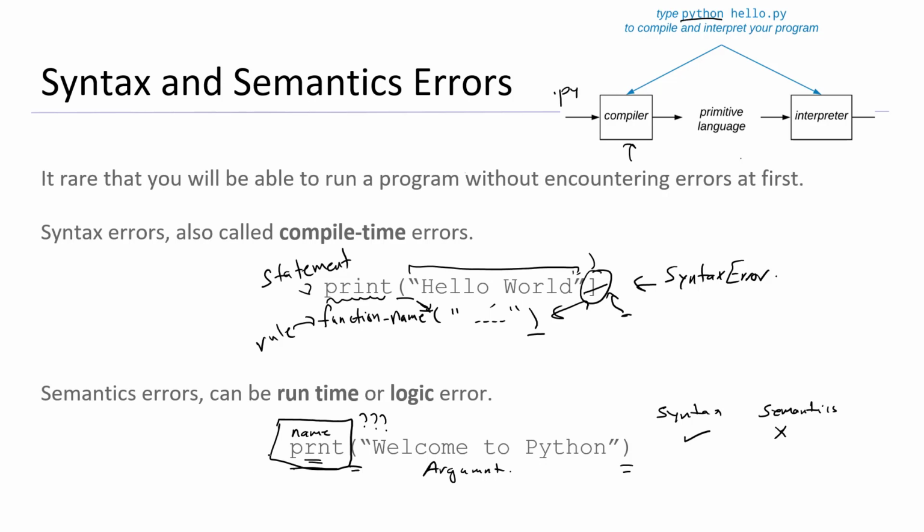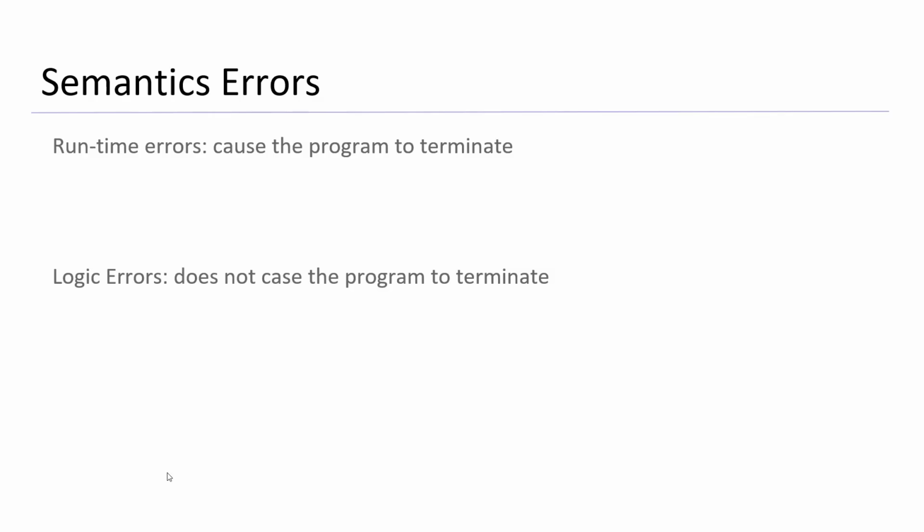And because of this, you will get a runtime error. So this is an example of a runtime error, and in this case this is an example of a name error. When it comes to semantic errors in Python, there are two types of semantic errors.